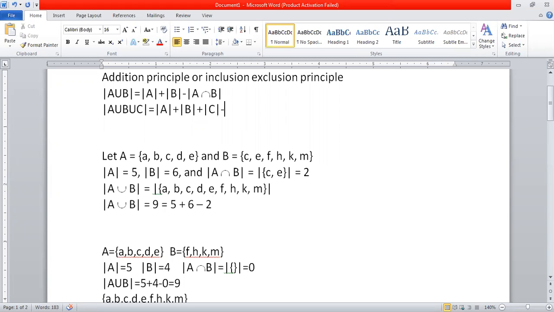Minus we have minus absolute value of A intersection B, minus absolute value of B intersection C, minus absolute value of C intersection A. Okay, this is the formula.